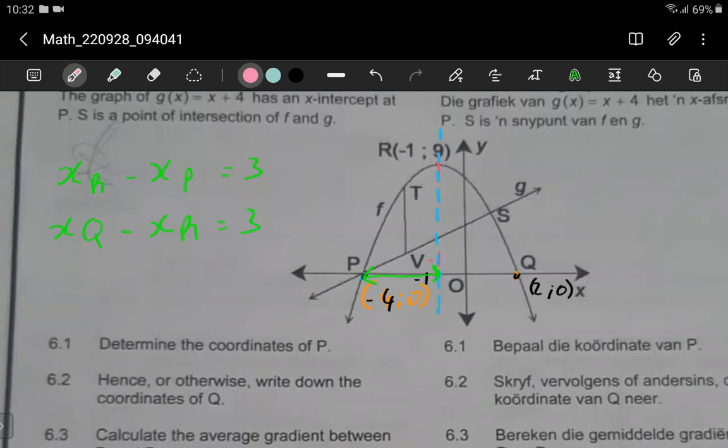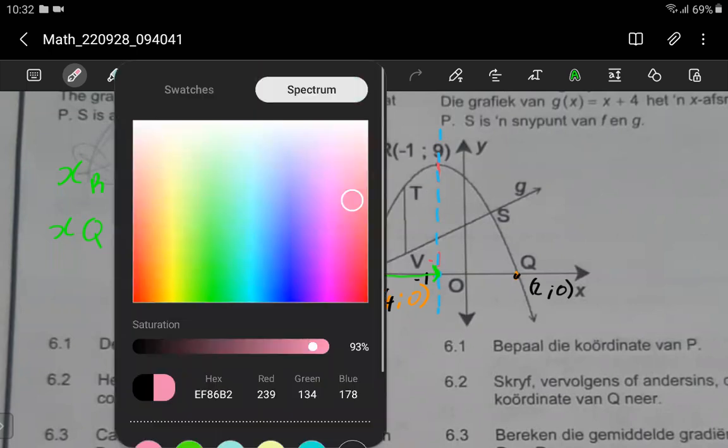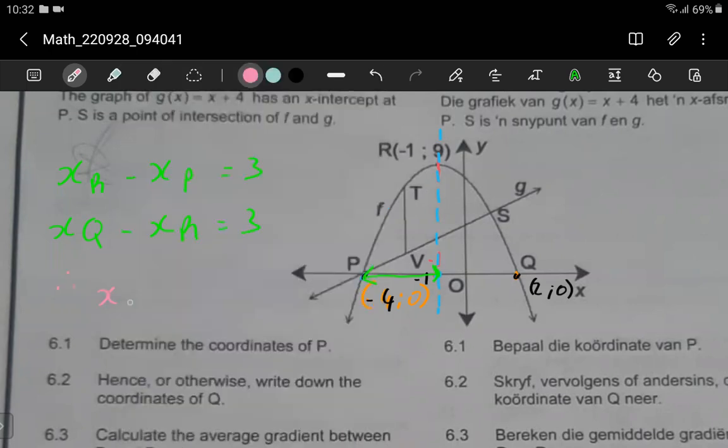Oh, xq minus xr. I don't know why I saw P there. So therefore, xq minus the x value of R, which is -1, is equal to 3. So if you solve for xq, you will have xq plus 1 equals 3. The 1 goes over, xq is equal to 2. Okay. We love to see it.